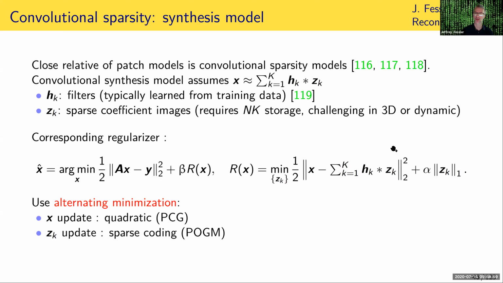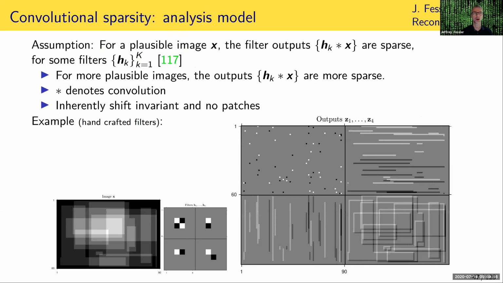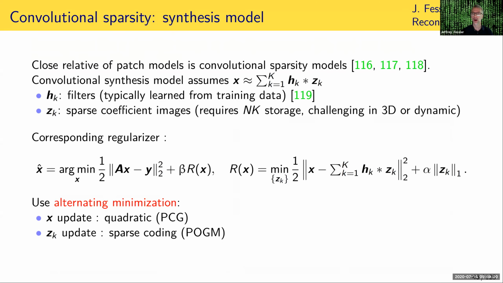Again, alternating minimization: a quadratic update for X using conjugate gradient, and then for Z, this is again a sparse coding problem. This convolution is equivalent to a matrix, so we have a 1 norm and a matrix here. Again, I'd recommend POGM for that Z update. That's the synthesis model, and it's a little bit hard because of this sparse coding step.